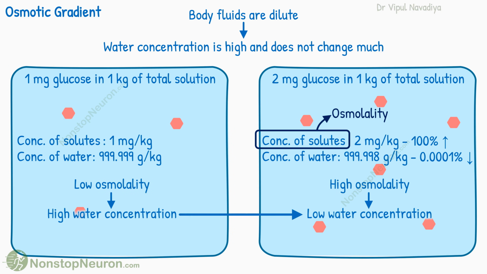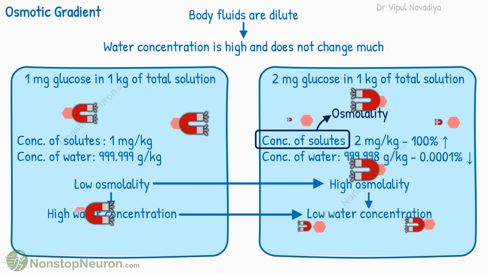We have already seen that water moves from high water concentration to low water concentration. Now, speaking in terms of osmolarity, we can also say that water moves from low osmolarity to high osmolarity. If all this is still confusing to you, simply remember that solutes attract water. So water moves where more solute particles are there.